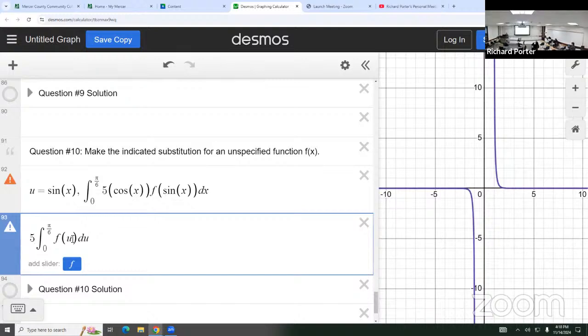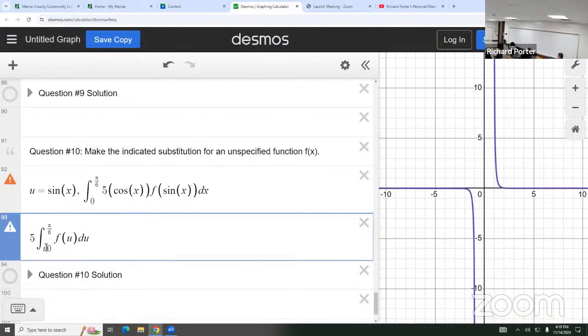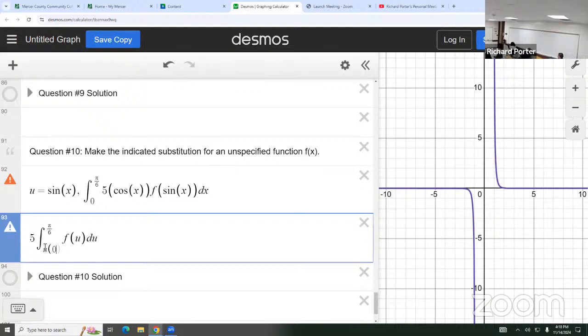Okay, so I've got all of this set up, except I have to do what to finish it? The limits of integration I have to change to what? U of 0 and U of, so what is that? What is U of 0? You think so? You sure?